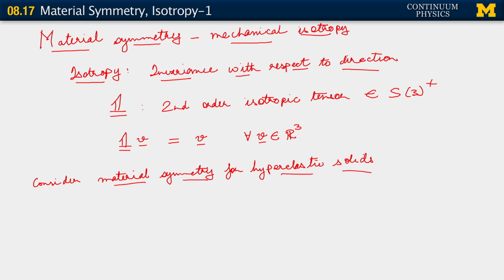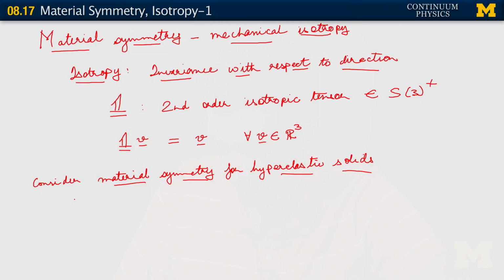And you remember that the term hyperelastic solid really is a statement on how we are modeling the solid. So we know that this solid, if we call it hyperelastic, we have for it a strain energy density function.